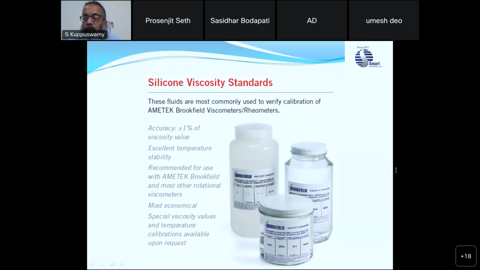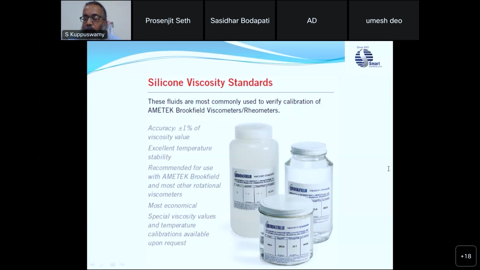One more question, Shashi. Can we use the same viscometer for gels, creams and toothpaste? This is Tulasi. Yes, you can use it, depending upon the thickness of the samples. If you have an RV model, you can use the RV model viscometer for these gels, creams and toothpaste.